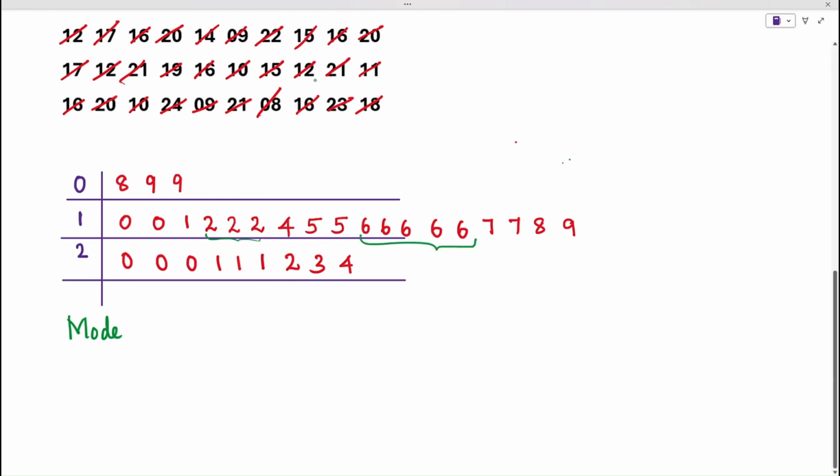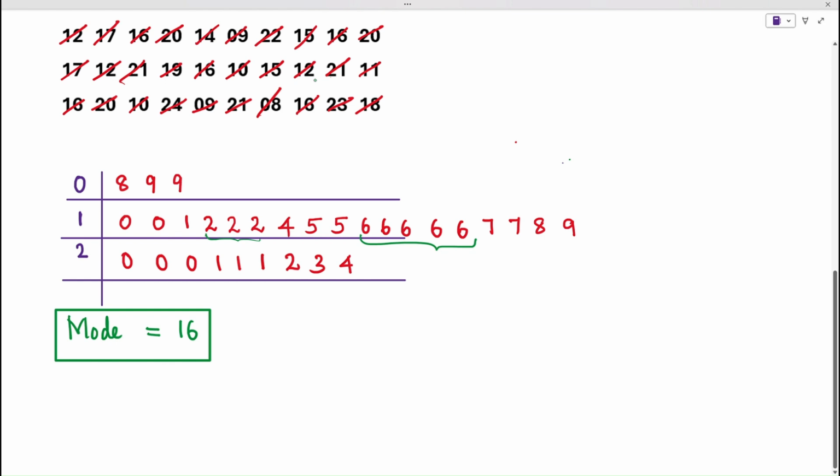And if we look at our other rows, there are no other occurrences that happen more times than the 6s in the numbers that start with 1. So what we can assume here is that 16 is the number that occurs the most amount of times, and so our mode is 16.